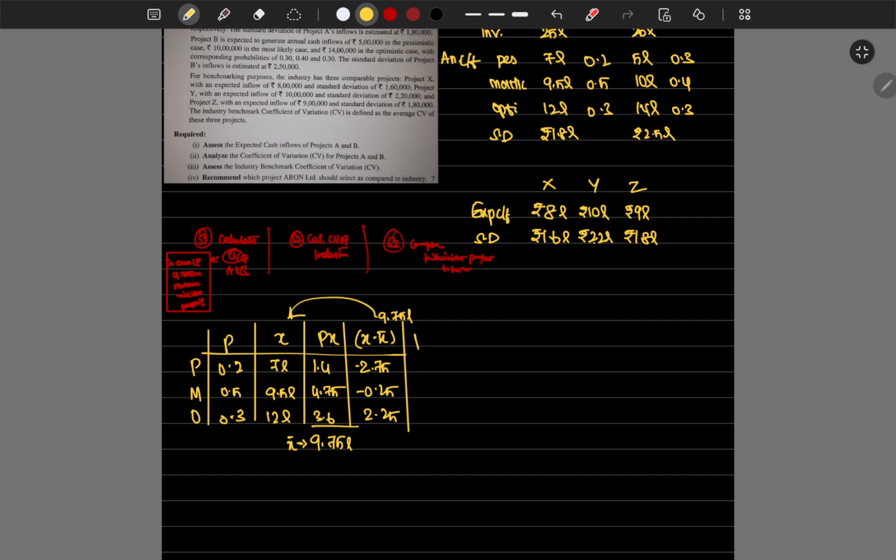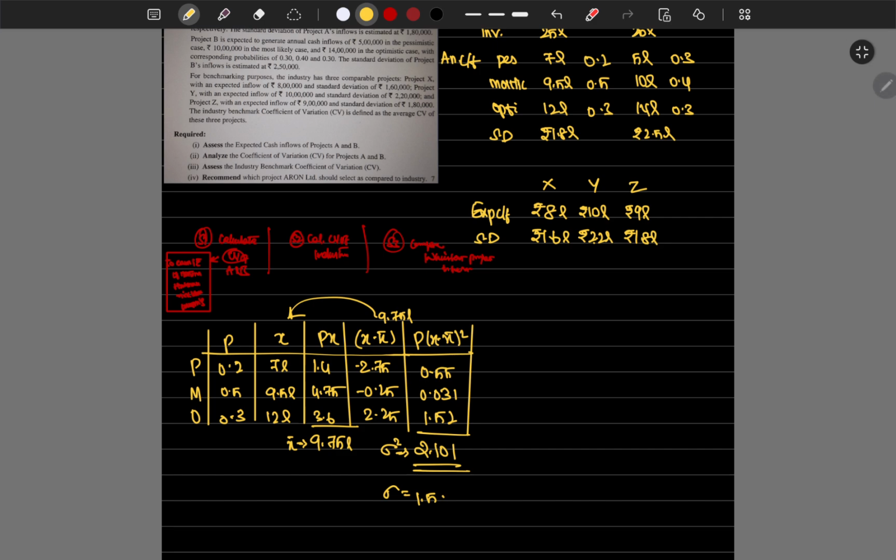Then p into (x minus x bar) the whole square. 2.75 into 2.75 into 0.2 is 1.52, 0.25 into 0.25 into 0.5 is 0.031, then 2.25 into 2.25 into 0.3 is 1.52. Adding them, we get 2.101, which is the variance. Taking the square root, we get the standard deviation, which is 1.5.